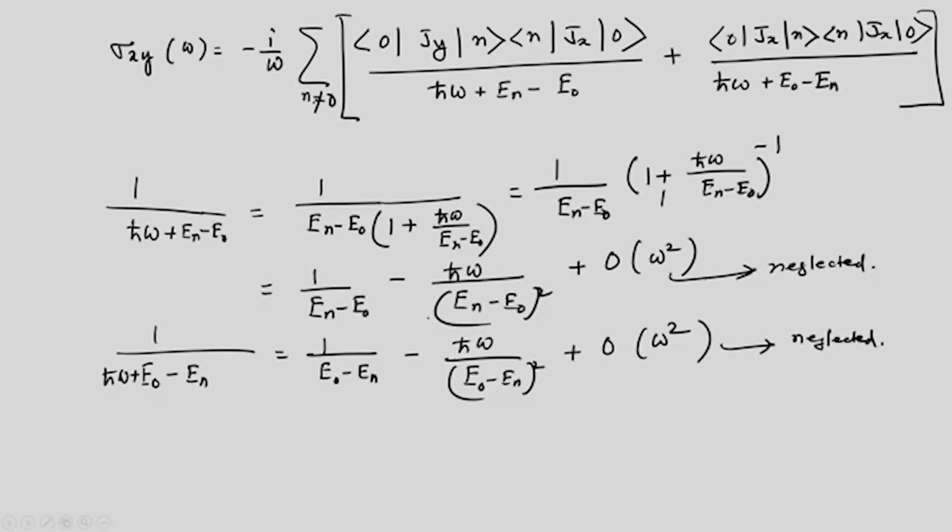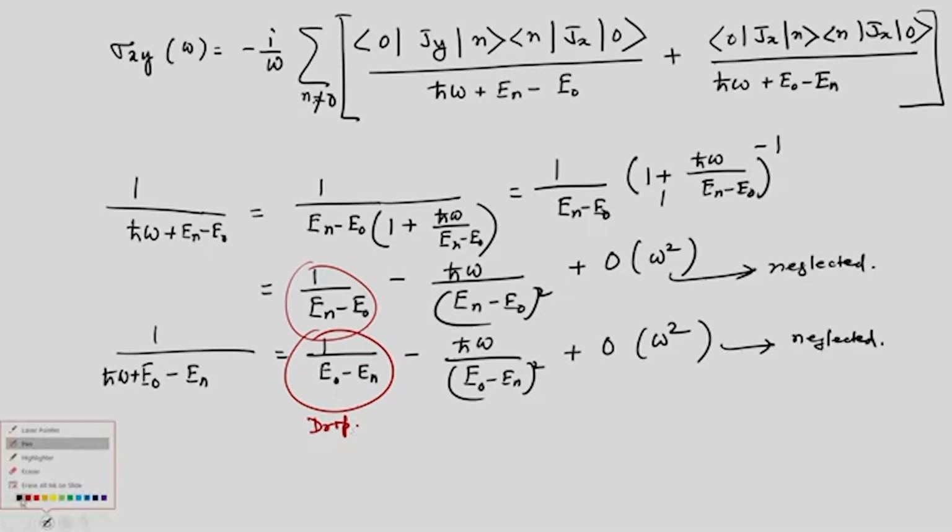Now we actually drop the first term which is here. So these terms we drop, okay. In fact, for Hall effect these terms do not make a contribution, and you keep the term that is linear in omega, because this has no omega part.